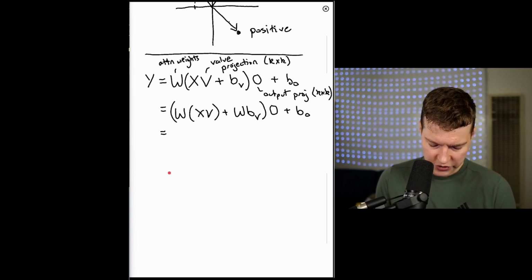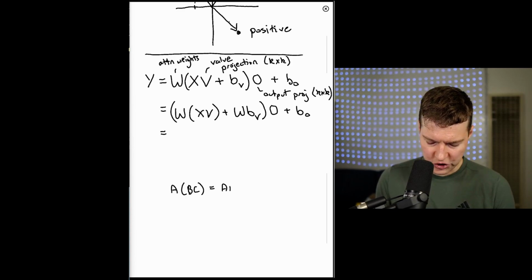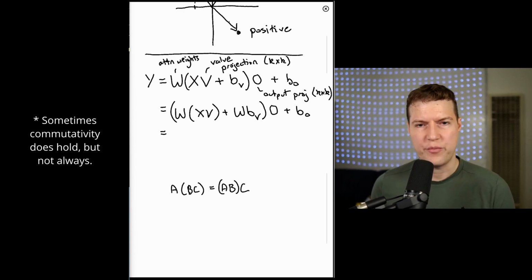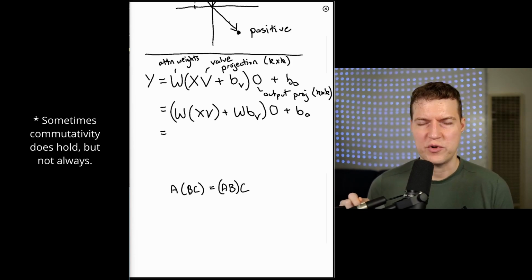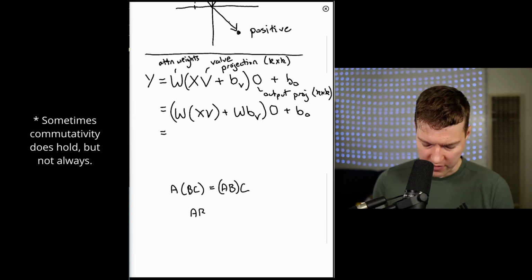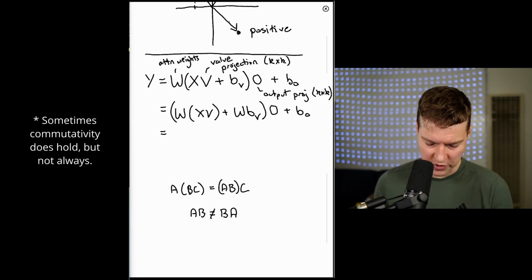As a reminder, with associativity you can change the order of the parentheses, and it just so happens that associativity holds with matrix multiplication. The thing that doesn't always hold is commutativity. If you have AB, it doesn't necessarily equal BA.